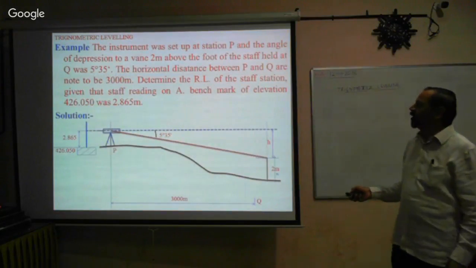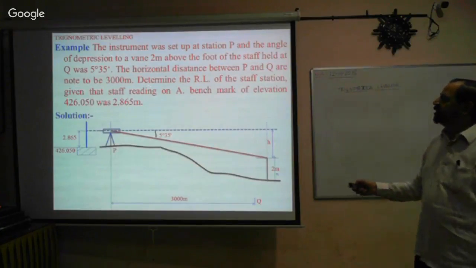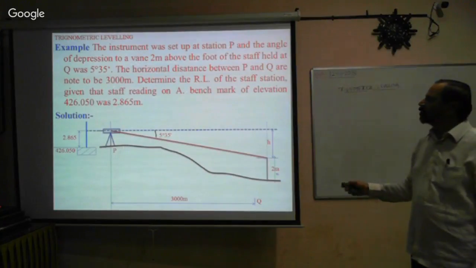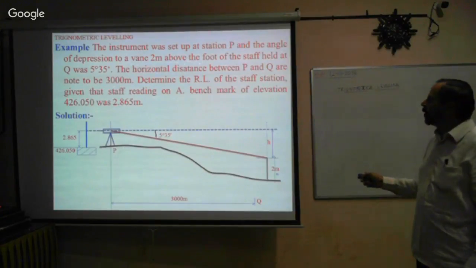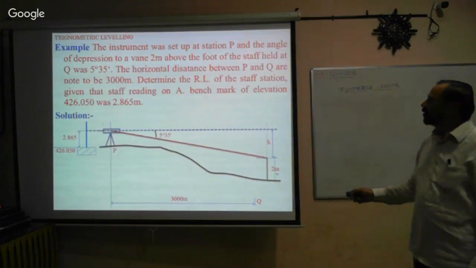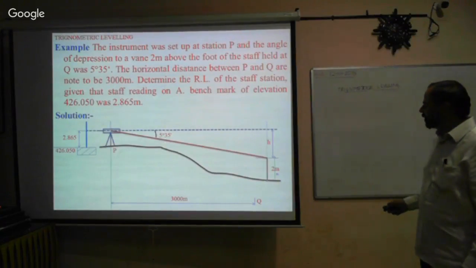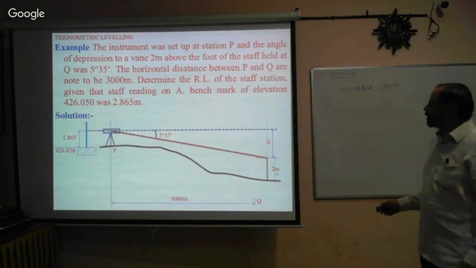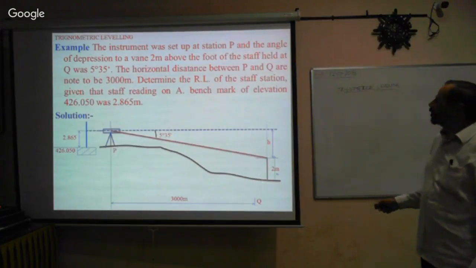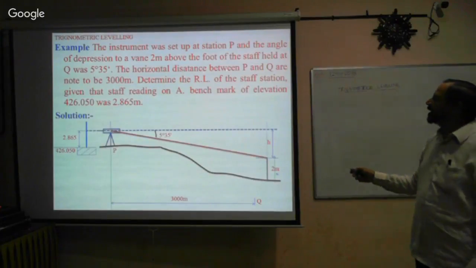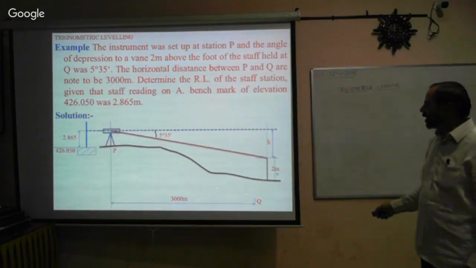And another problem, the second problem, isn't it? The instrument was set up at station P, and the angle of depression to a vane 2 meters above the foot of the staff held at Q was 5 degrees 35 minutes, isn't it? Now this is the foot of the staff, and the vane is 2 meters above it, and the horizontal distance between P and Q, from here to here, is 3000 meters.